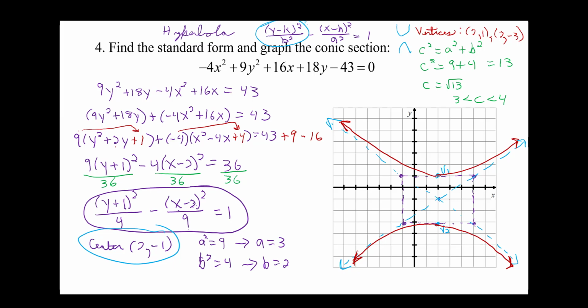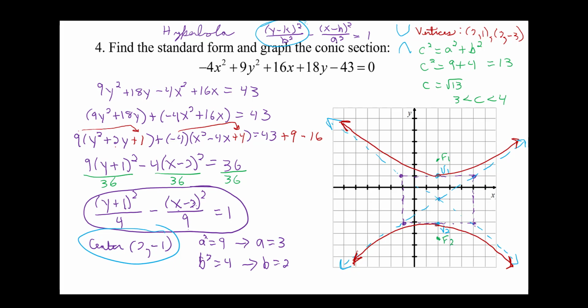From the center, to get to our first focus, we'd come up a little more than 3 units. This would be focus 1. From the center we go down a little more than 3 units, and here would be focus 2.